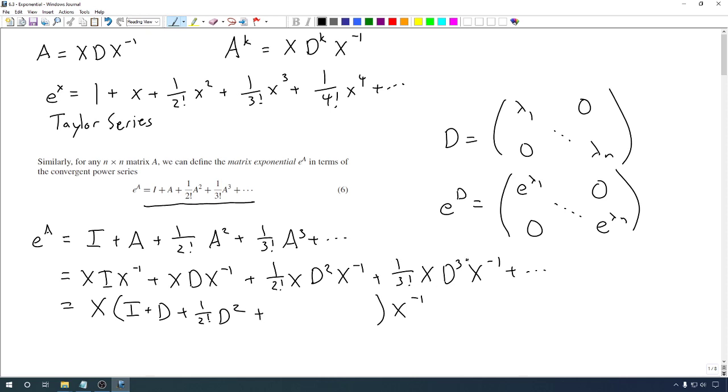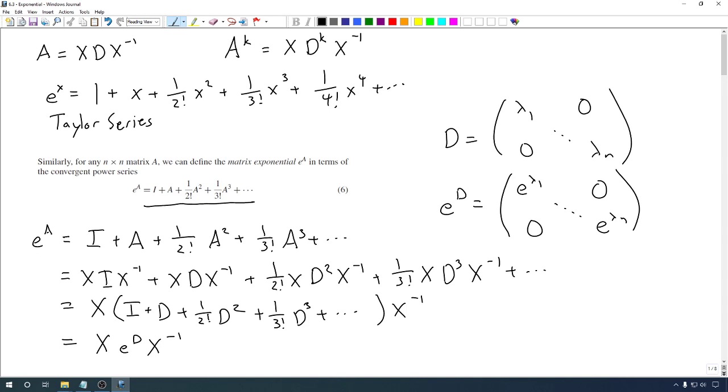We have the 1 over 3 factorial times D cubed, and so on and so forth. We actually get exactly the same kind of series that we have here, but for D instead of A. So this is X times e to the D times X inverse. So if we have a diagonalizable matrix A, once we know that a diagonal matrix has a very nice exponential, we can just use that formula to compute the exponential for A.